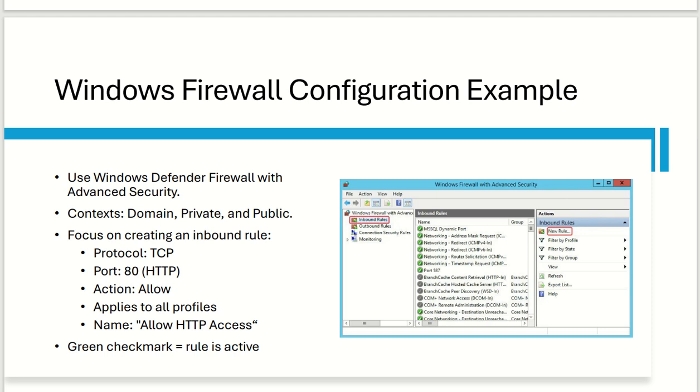On Windows, we can actually configure firewalls using the Windows Defender firewall with advanced security. In terms of Windows, you have three types of context: the domain, the private, and the public. Let's review what it entails to configure an inbound rule.